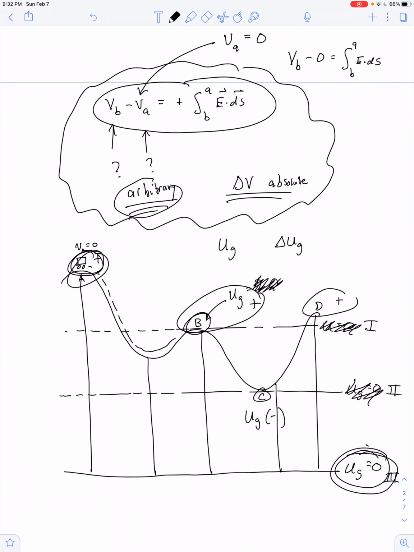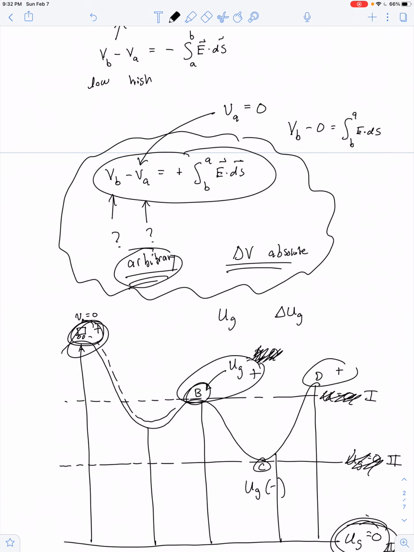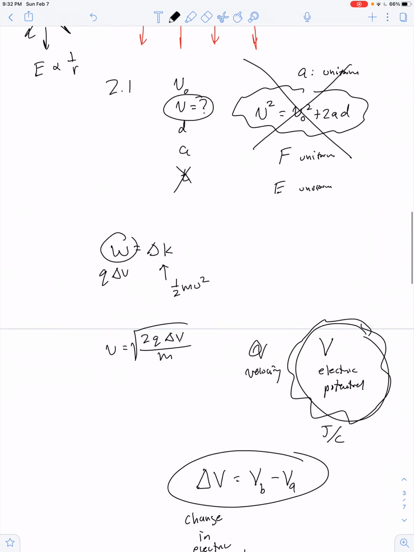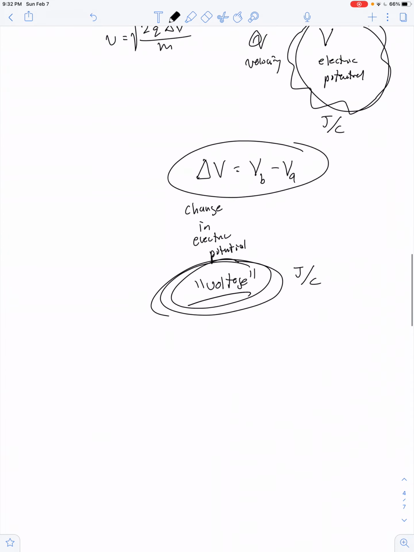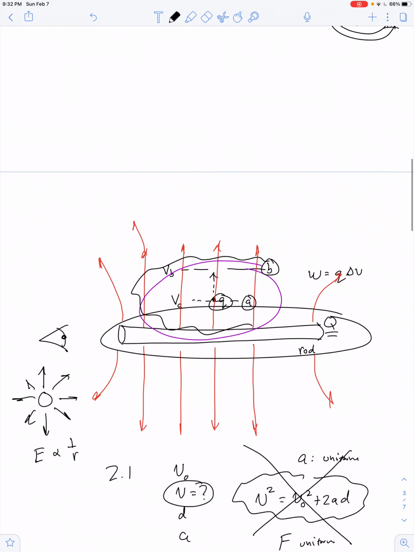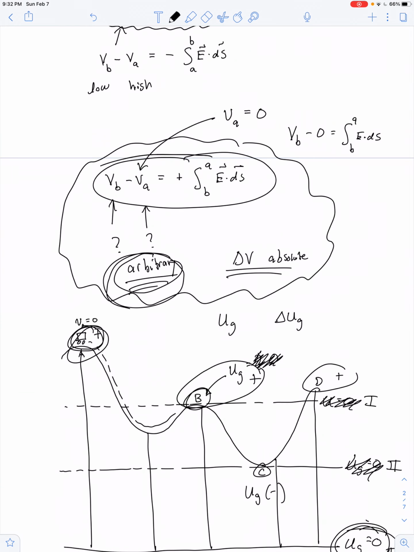So, electric potential, like gravitational potential energy, is somewhat arbitrary. We can set it equal to 0 wherever we want. And whenever there's a change in electric potential, that's what we refer to as a voltage. And one of the most important guiding formulas we'll be applying in this unit 2.1 is this circled formula.